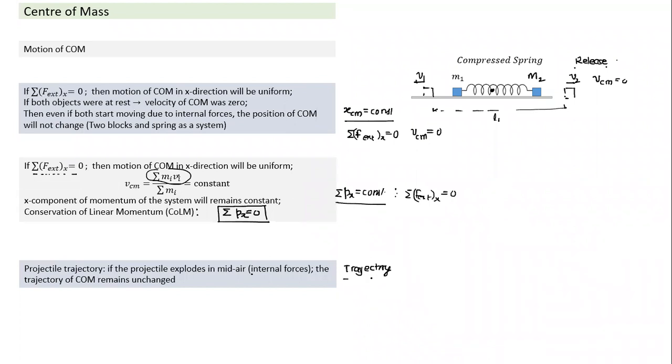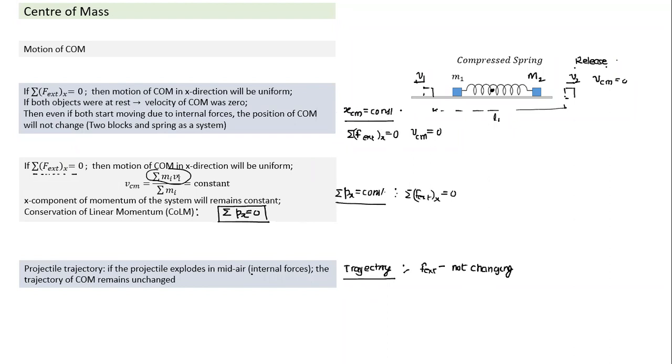And what is the trajectory case? In the trajectory case, external forces are acting, but they are not changing. If there's no change in external forces, and only internal forces are active, then whatever path it was following, it will continue to follow the same path. So these are 3 important applications of center of mass.